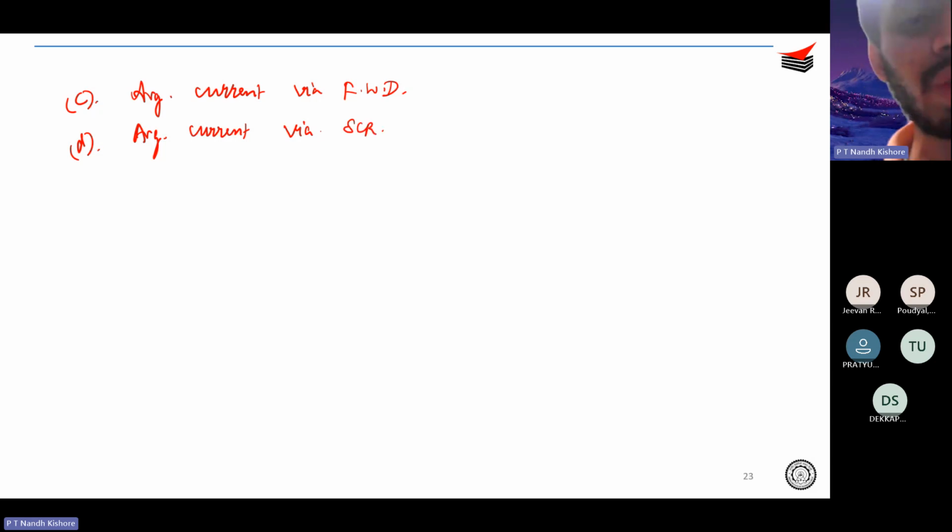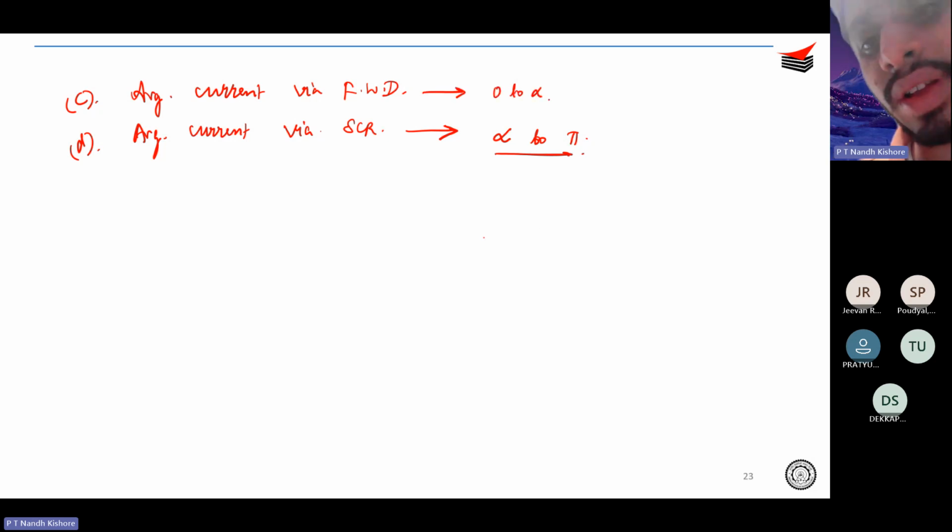So when will the thyristor conduct? Note that each thyristor will conduct from alpha to pi. So when will the freewheeling diode conduct? It will conduct from 0 to alpha during the pi interval and also from pi to pi plus alpha. So this is the conduction.